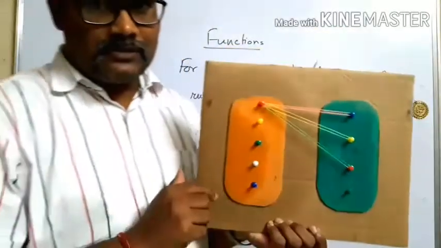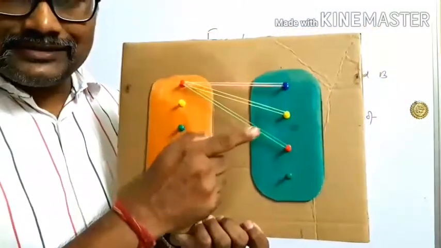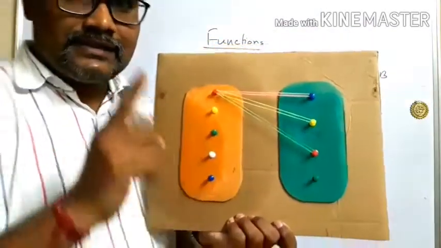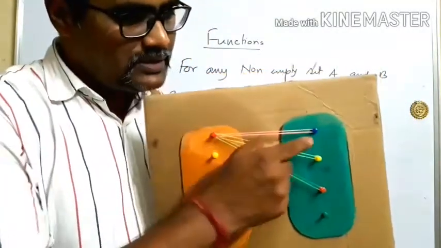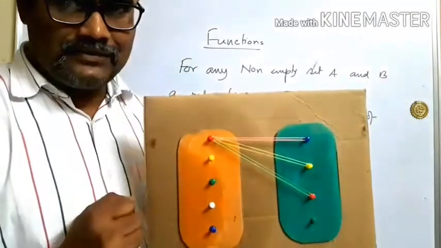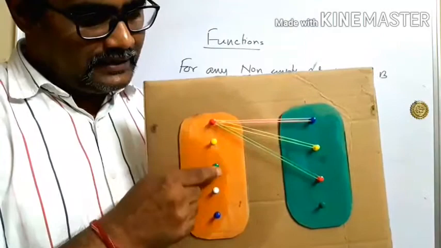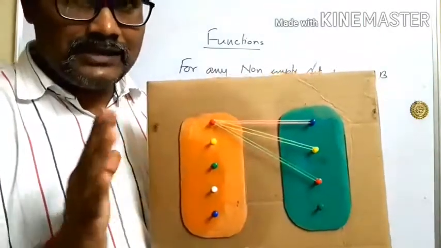Now, the rubber band I put between these elements shows that this element is related to that. In terms of mathematical language, I could say that the image of this point is this. Now just see the definition. Do you find these elements are related here by any chance?